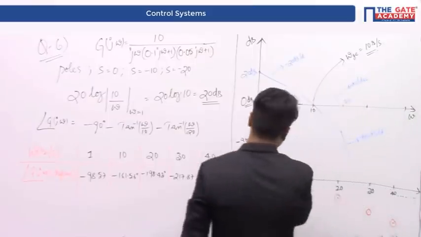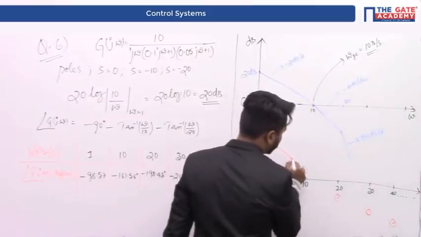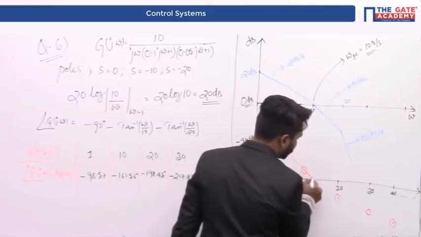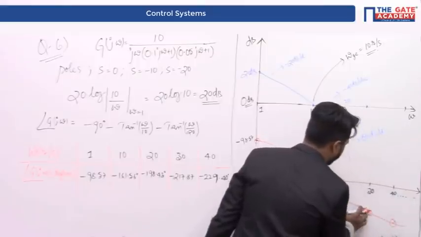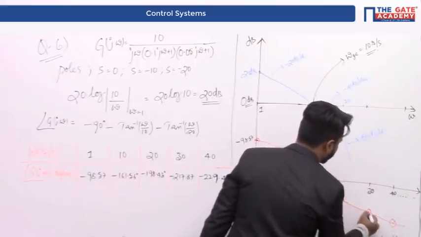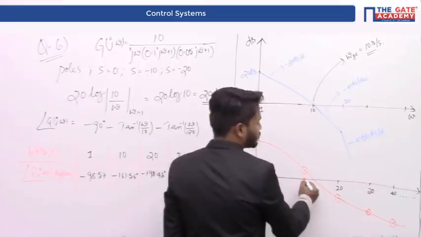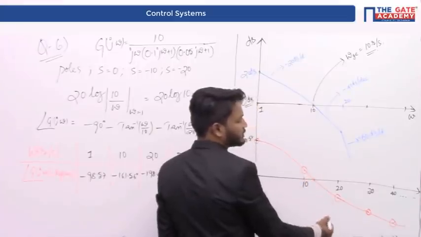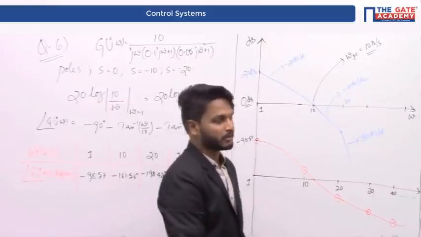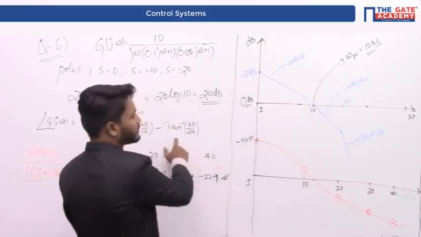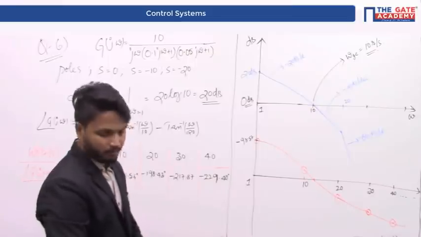Therefore, if you join all these, you are going to get the phase response, the phase plot of the given system. Of course, for GATE, plotting the phase response is not needed. You just have to find out the phase crossover frequency. Let us see directly how we can find out the phase crossover frequency.